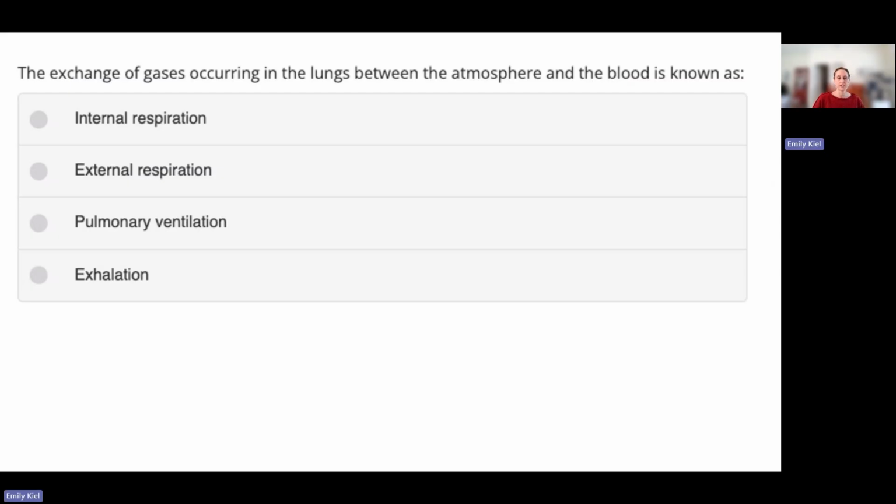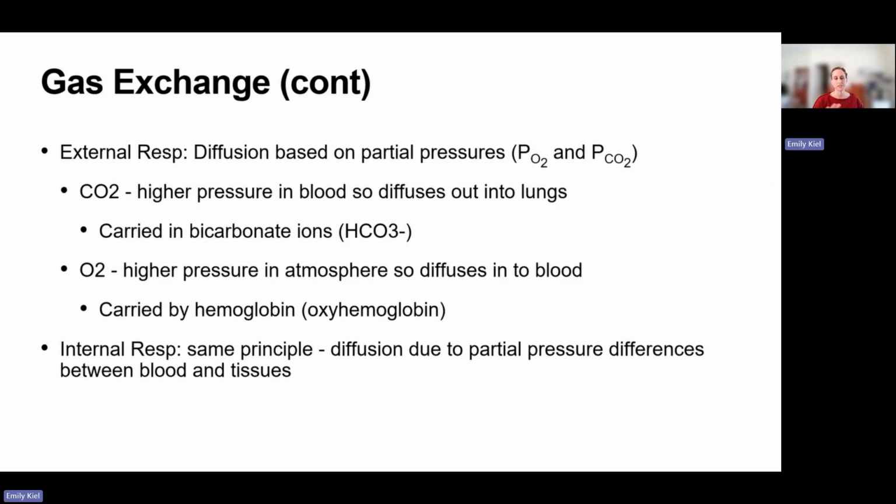So I hope you know that the exchange of gas between the atmosphere and the blood is known as external respiration. And this is just a text version similar to what we just talked about. External respiration and internal, all this diffusion is based on partial pressures. Carbon dioxide in external respiration has higher pressure in the blood, so it's going to diffuse out into the lungs.